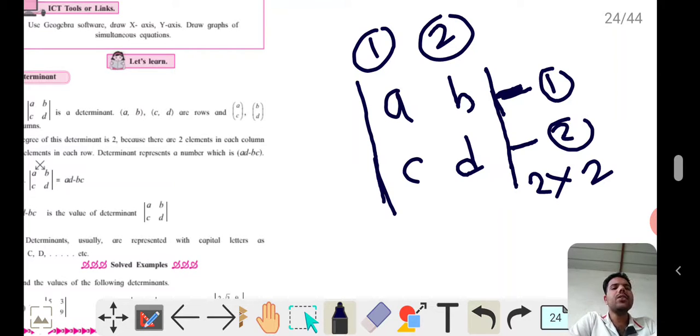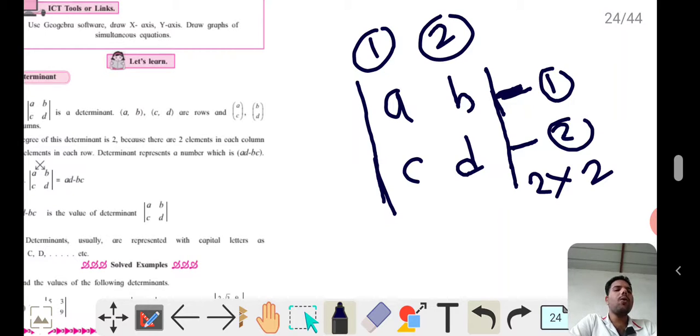The first column values are a comma c and the second column values are b comma d. That is, there are two elements in each row and two elements in each column, so our determinant is of the order of 2 by 2. This is how to identify the order of a determinant.